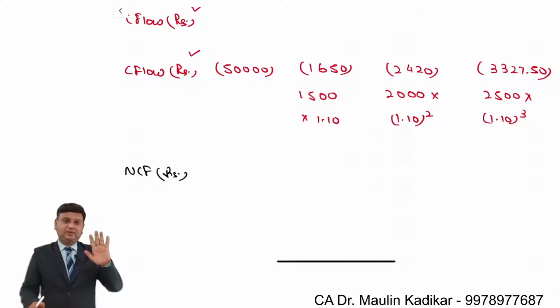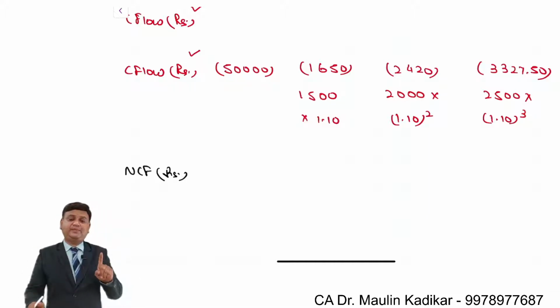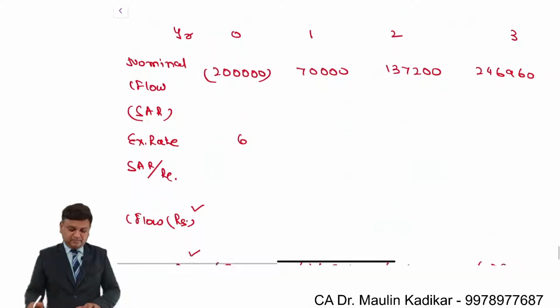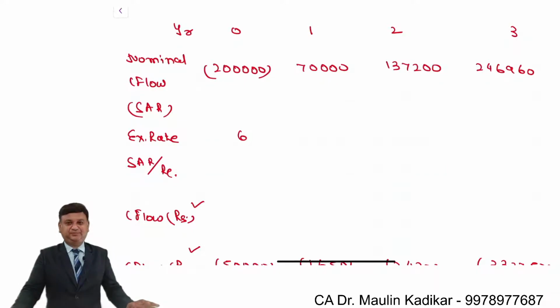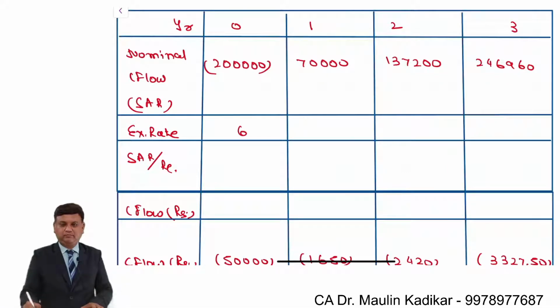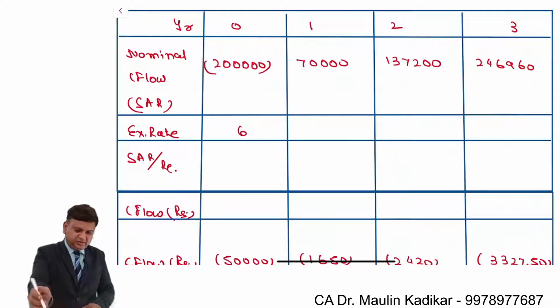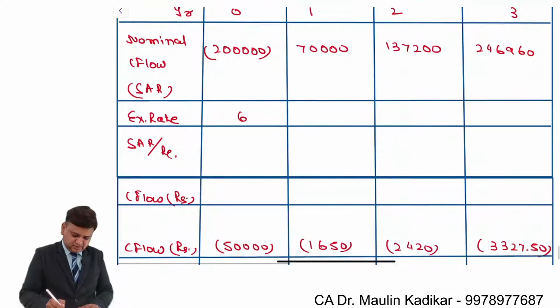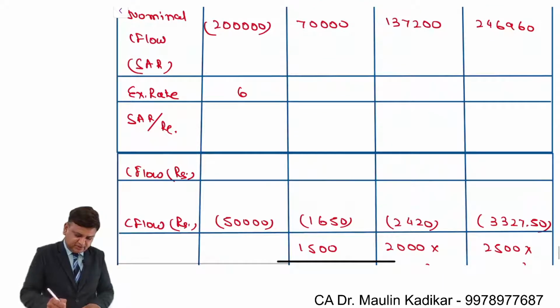In the last step, we have to prepare an important working note called P3, and then NPV will be calculated. Please take down the answer. So friends, end of year 1 exchange rate is 7.6364.